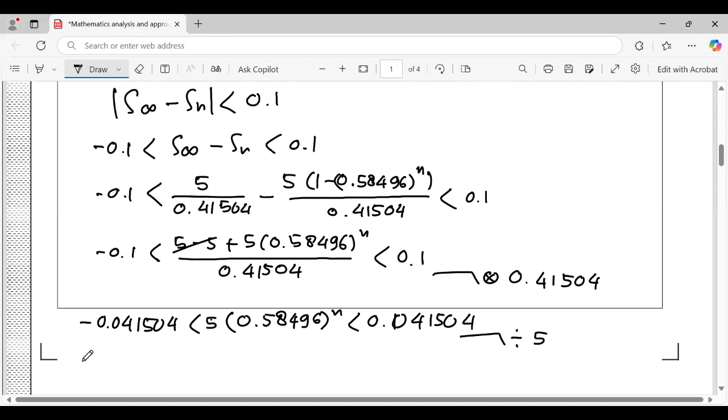If you divide by 5, it becomes 0.0083008. 0.58496 to the power n, divided by 5, 0.0083008.